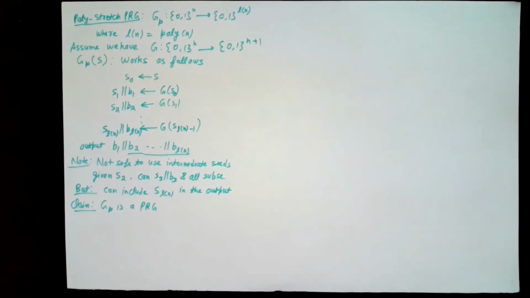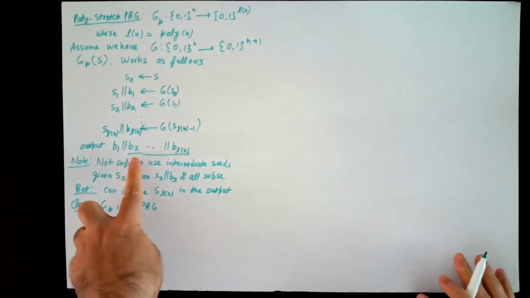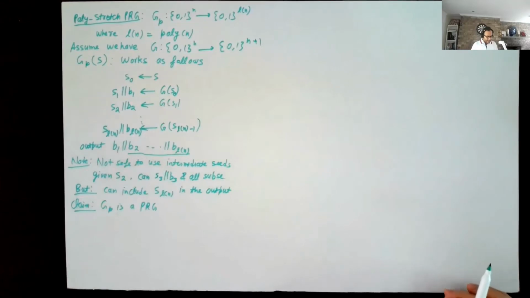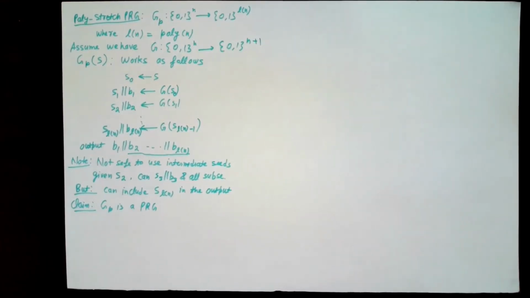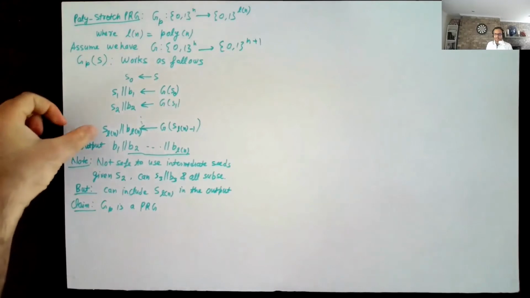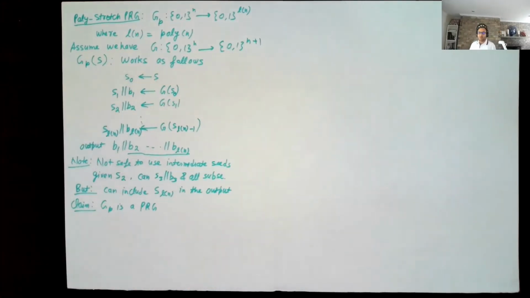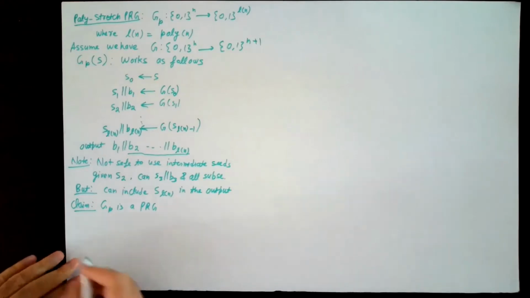So these bits B3 to B of L of n are not random; they don't look random given S2. On the other hand, the last seed is not being used any further. So if you wanted to, you could include it in the output. So just the last seed we can use in our output.